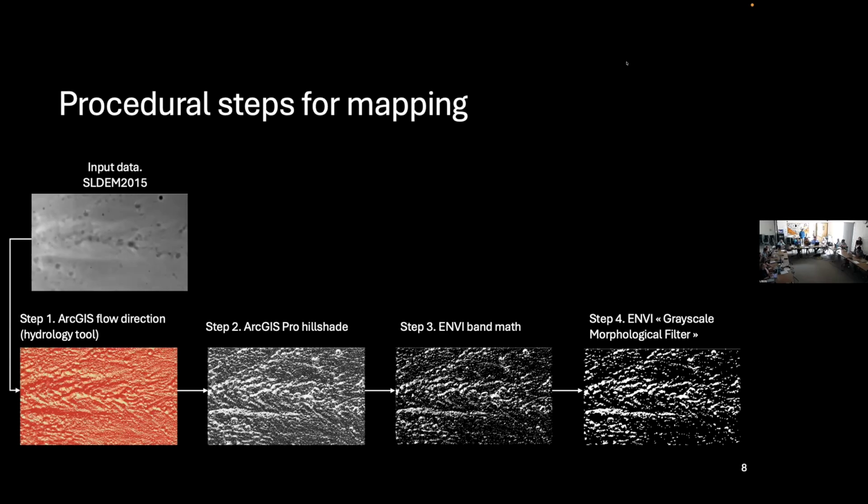The procedural steps for mapping require diligence in calculating. Let me make this simple to explain. The input data is SLDEM 2015. Step 1 helps to better visually contrast the digital elevation model.